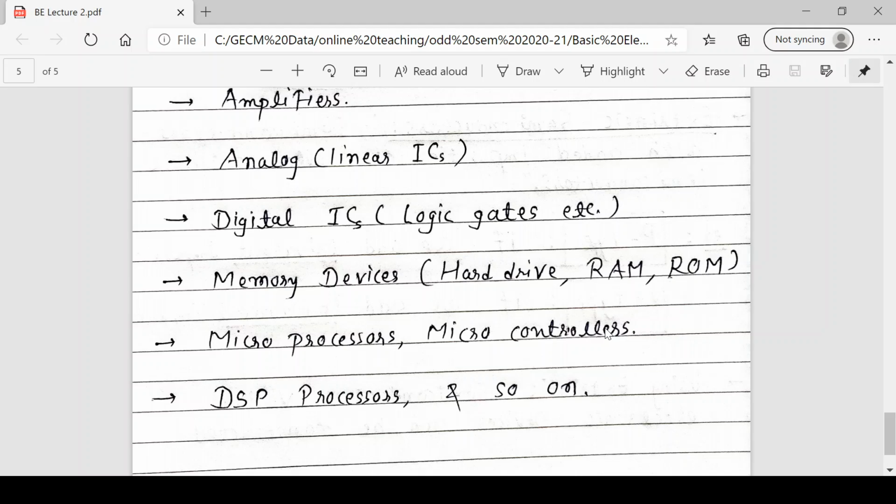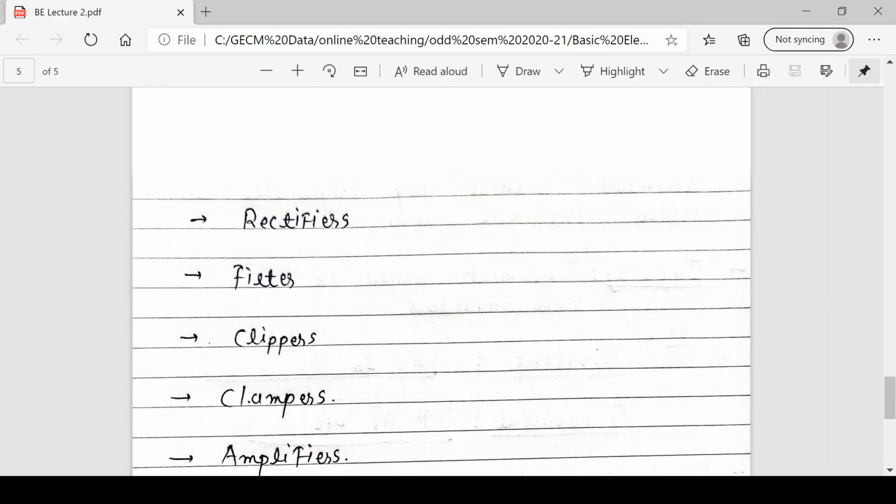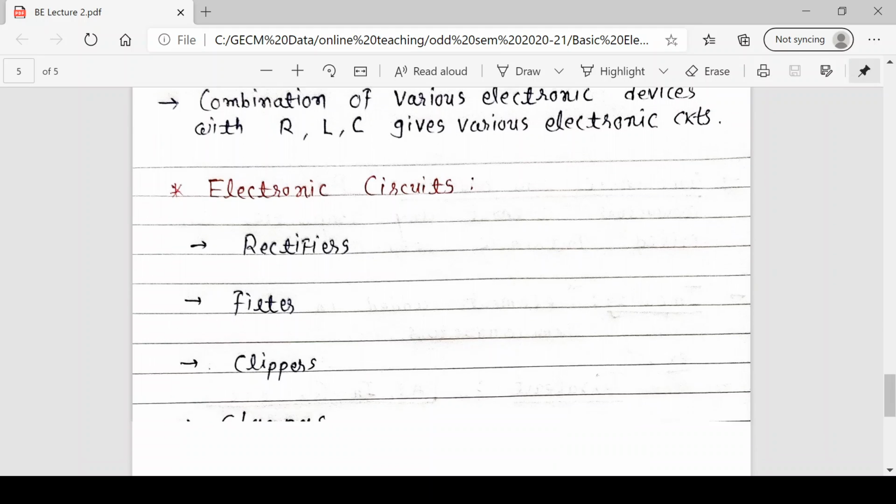Your automobiles, etc. are nowadays controlled by microprocessors and controllers. They are nothing but ICs which are controlling the process. Now the DSP processor: the base of your mobile or any specific electronic hardware is nowadays the DSP, digital signal processor, which is quite fast and has high data processing speed. And so on. There are a number of circuits we can make using electronic devices.